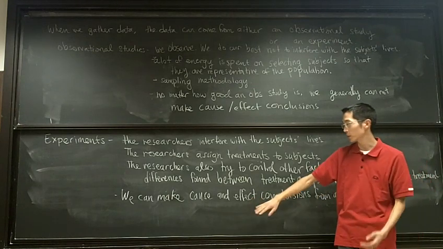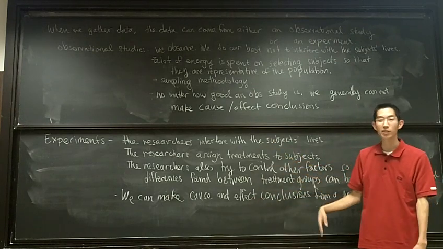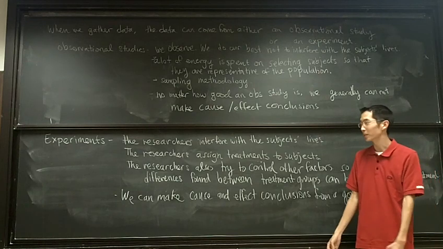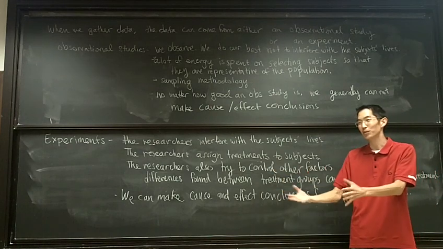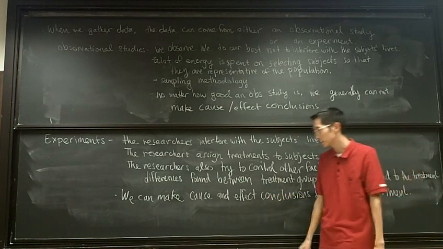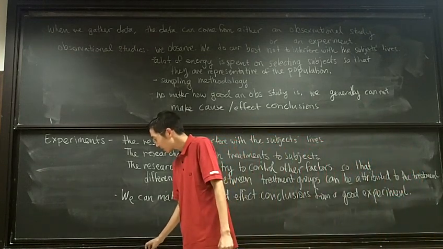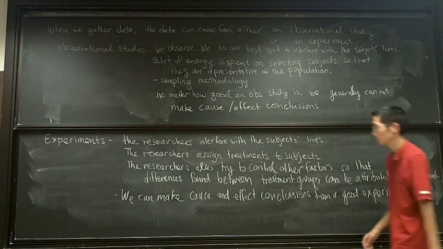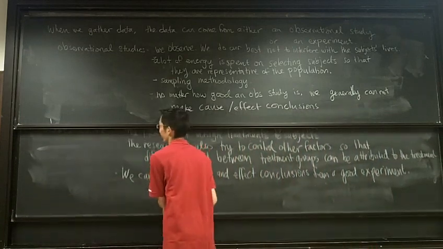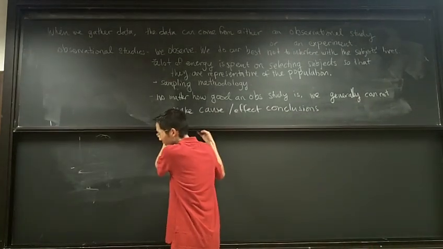On the other hand, with experiments, you can make cause and effect conclusions, but a lot of times it's difficult to do proper experiments. Okay, that's that. So when you're doing experiments, there are all sorts of terms that we've kind of thrown around.